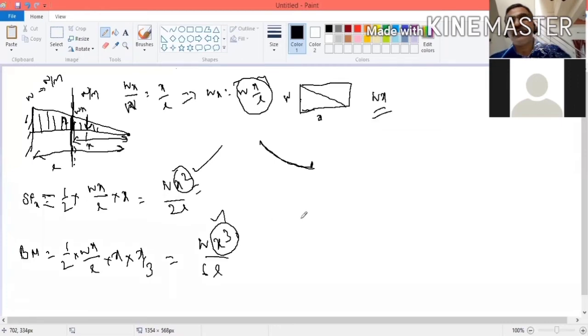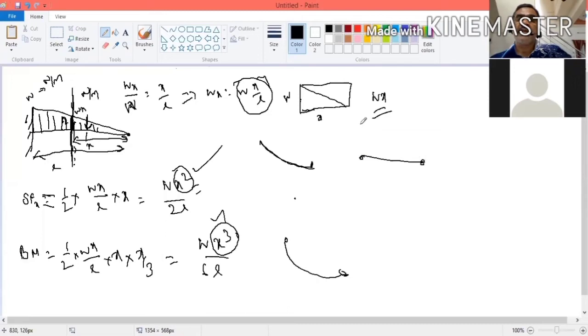If you want to draw the bending moment between 2 points, it will be a cubic curve. Finally I would like to conclude.